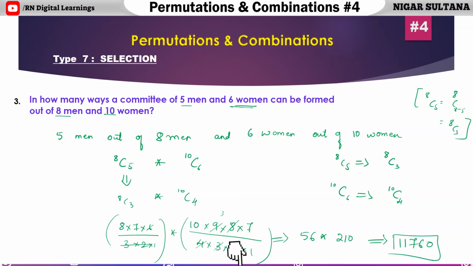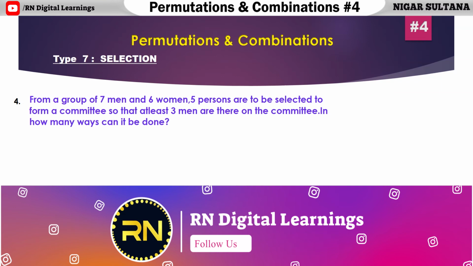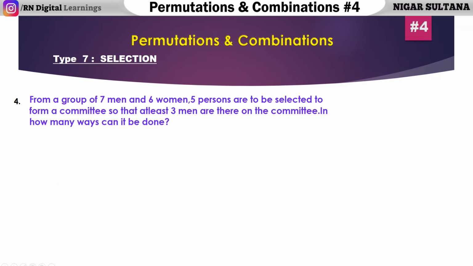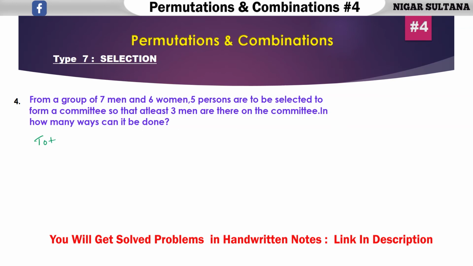Done. So now the next problem states that from a group of 7 men and 6 women, 5 persons are to be selected to form a committee so that at least 3 men are there on the committee. In how many ways can it be done? So now let's see what is the total. We have 7 men and 6 women.